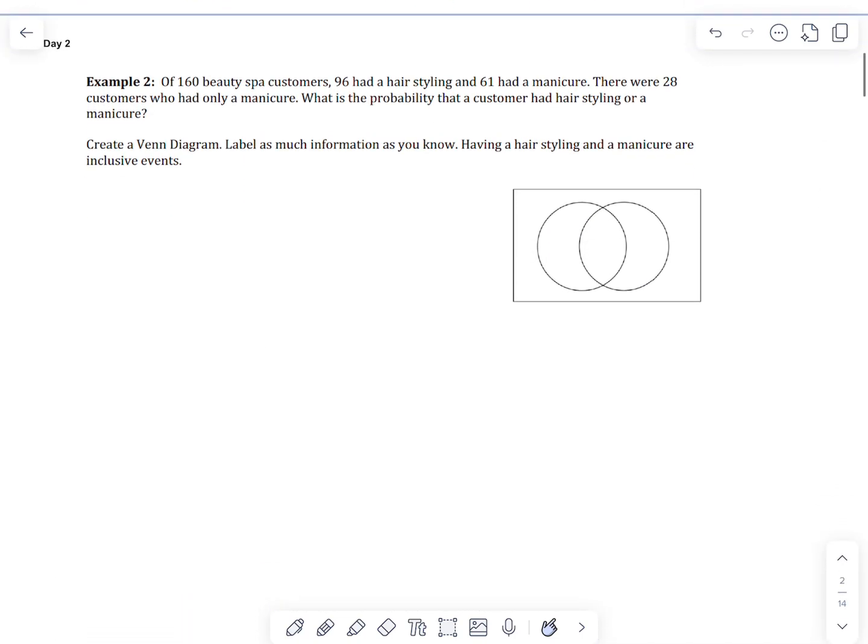Example 2. Of 162 beauty customers, 96 had hairstyling done and 61 had a manicure. There were 28 customers that only had a manicure. What is the probability that a customer had hairstyling or a manicure? So the first event is those who had their hair styled.